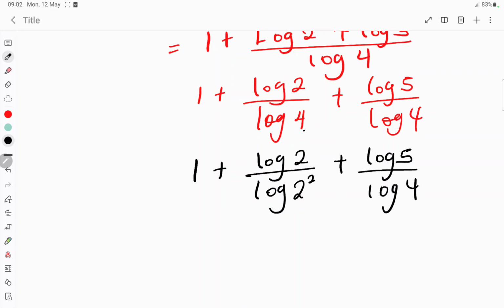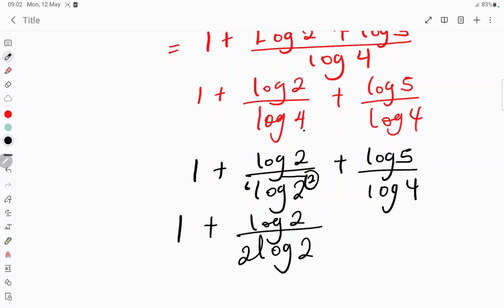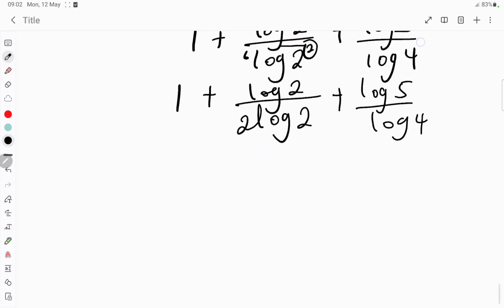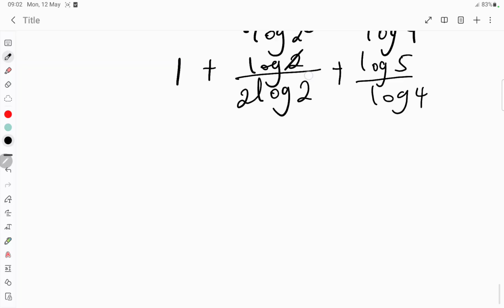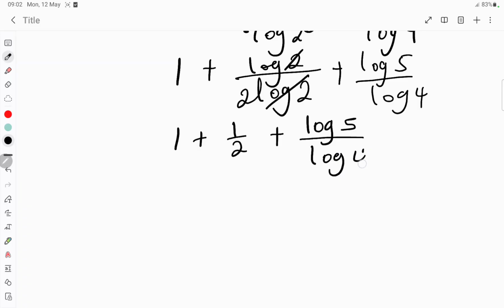Okay, on getting this, you can see that we now multiply this power to the log. So we have 1 plus log 2 over 2 log 2, multiplying the power to the log, plus log 5 over log 4. In that case, log 2 will cancel out log 2. You have 1 plus 1 over 2 plus log 5 over log 4.